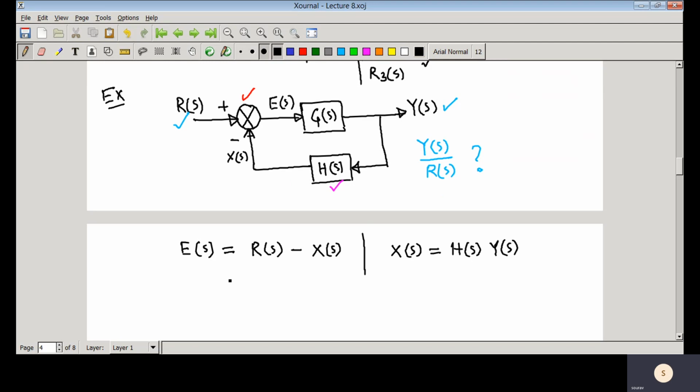So if you replace it here, you get R(s) minus H(s) Y(s).